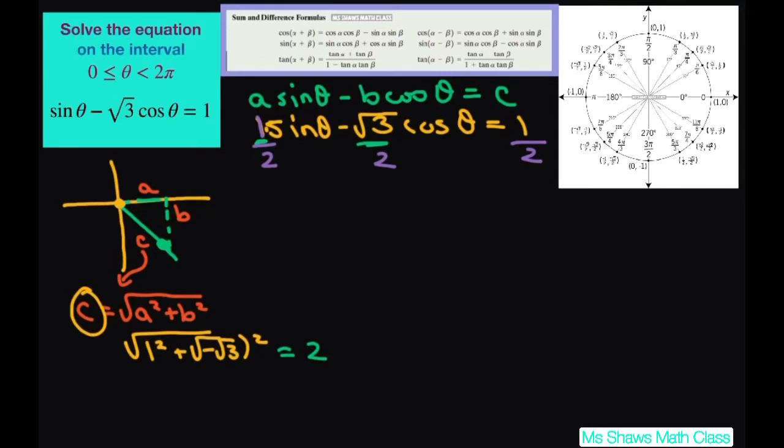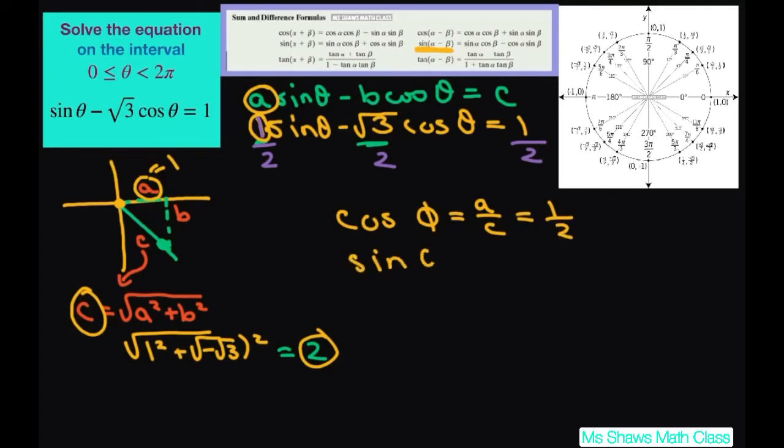What we notice is that I need two angles, and I want to use this formula. So if I have cosine of phi, I know cosine of phi is adjacent over hypotenuse, or adjacent over our c. So a is 1, and my c is 2.